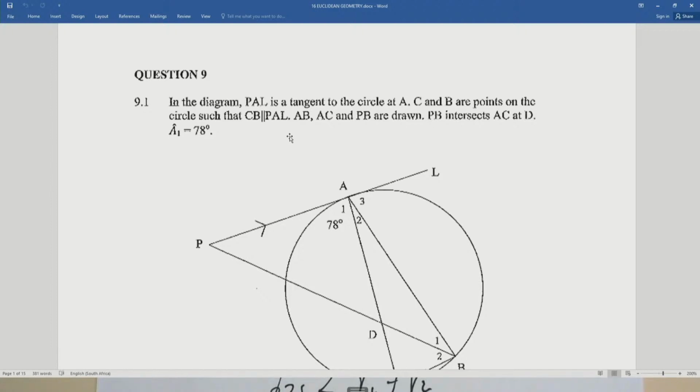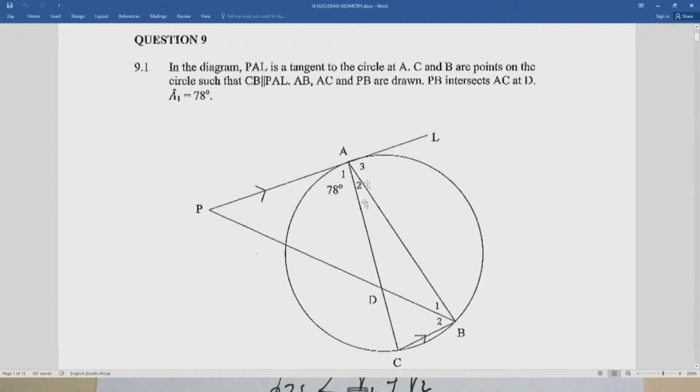Then when you read the statement, they say PAL is a tangent to the circle. Then you immediately stop and say, okay, if this one is a tangent, what do I have? You check, do I have the tan-chord theorem, or do I have a tangent perpendicular to the radius, or a tangent perpendicular to the diameter? You check all of those ones.